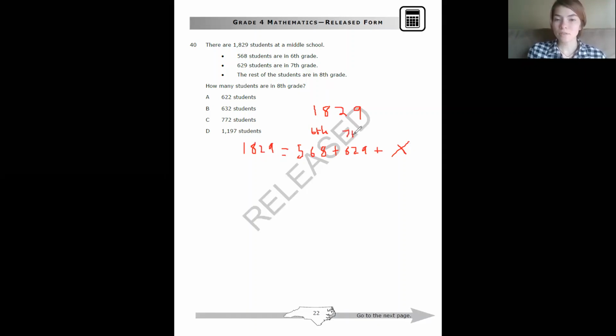So to figure out how many students are in 8th grade, we're going to want to subtract each of these numbers from 1,829. If we do 1,829 minus 629 first, you will get 1,200.